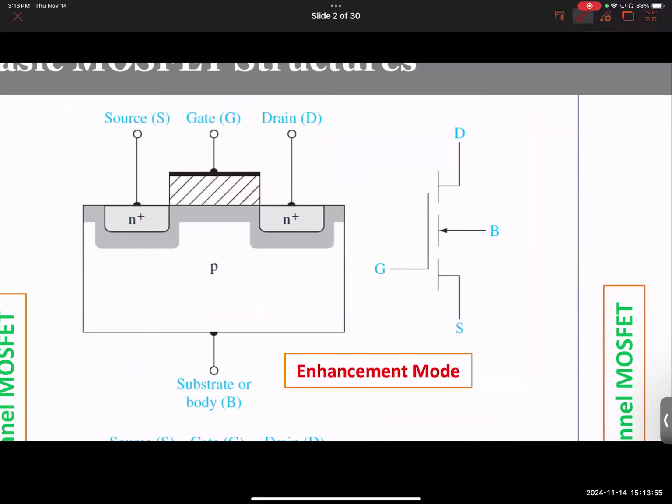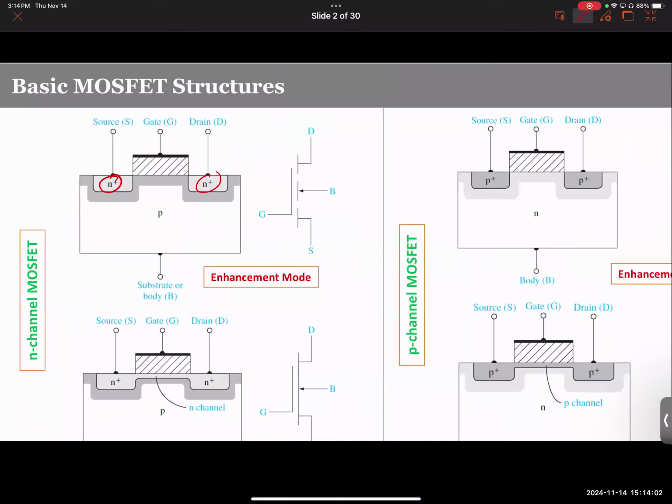A few other things, to preempt some questions, which I'm not getting. For example, why is it N plus? Notice, source and drain are always degenerately doped, N plus and P plus. Keep that in mind. You know that N-type material and N plus material have the same property, except that N plus is more seriously N-type.